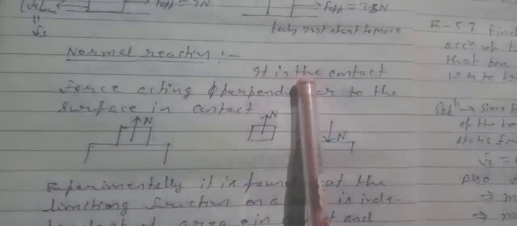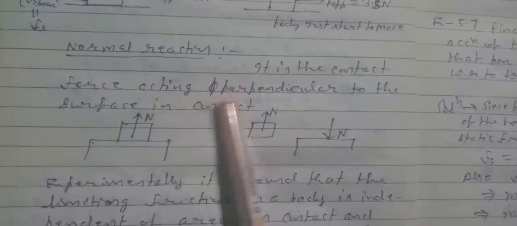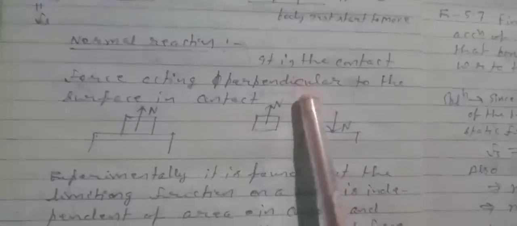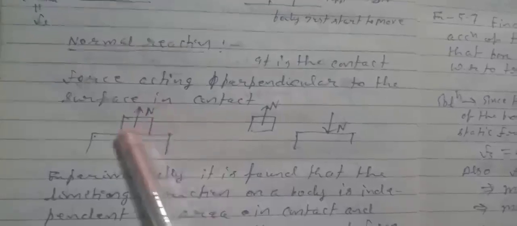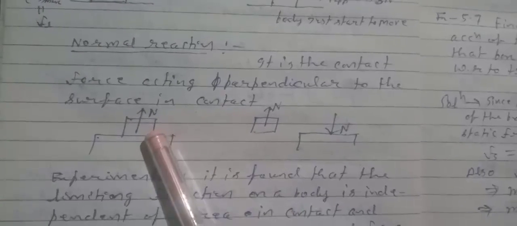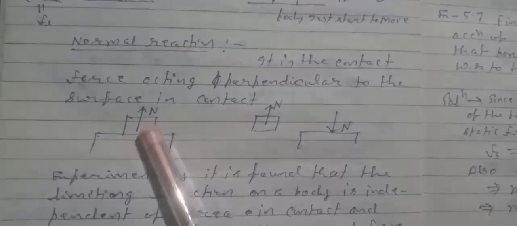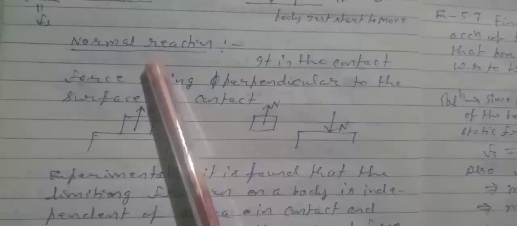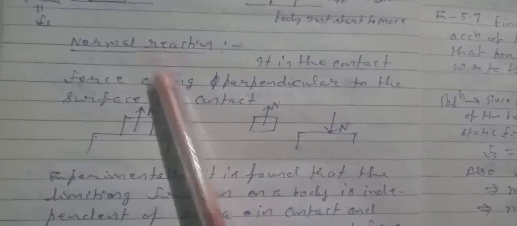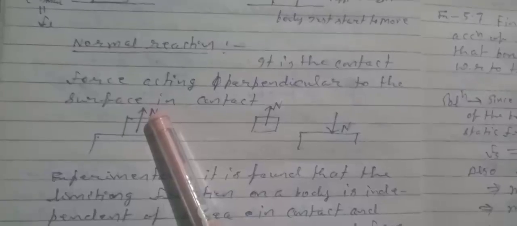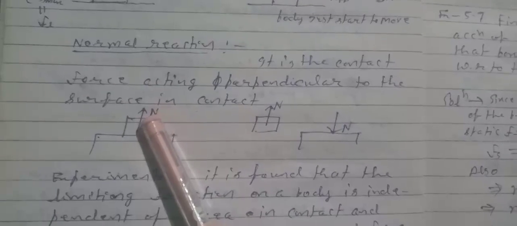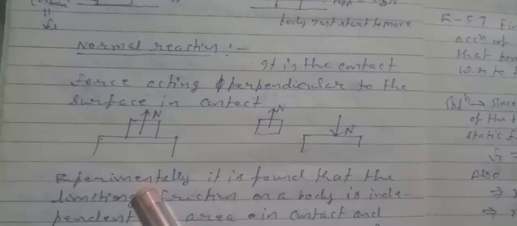Now normal reaction. It is the contact force acting perpendicular to the surface in contact. Consider a block placed on the table. Then the table will apply a force on the block in the upward direction, and the block will apply a force perpendicularly in the downward direction. These forces are called normal force.